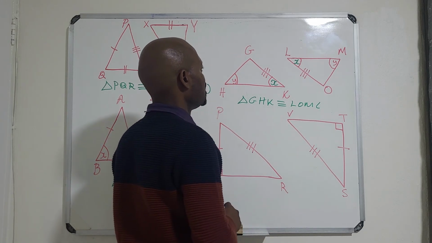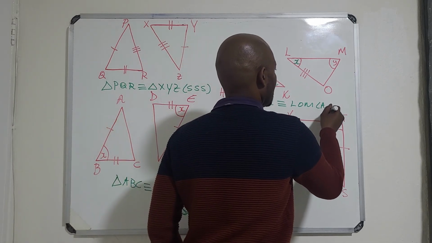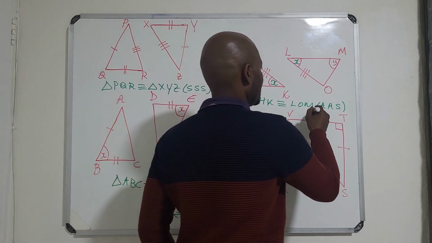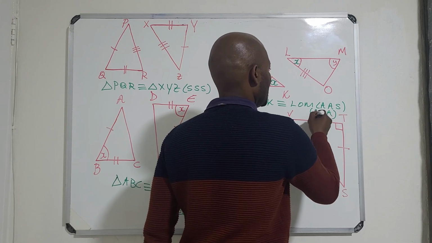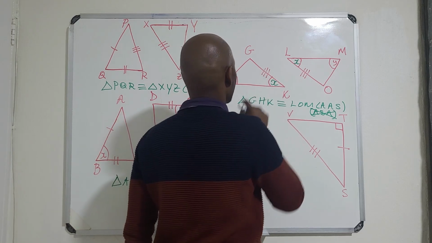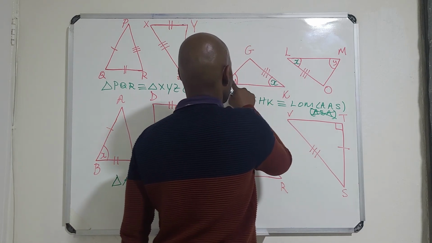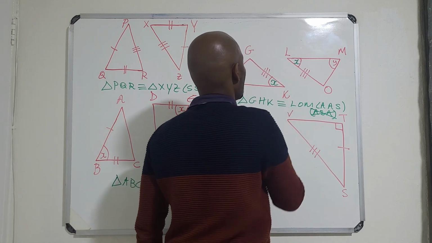The reason is angle, angle, side. We normally don't say angle, side, angle. It's angle, angle, side: an angle, followed by an angle, then a side.